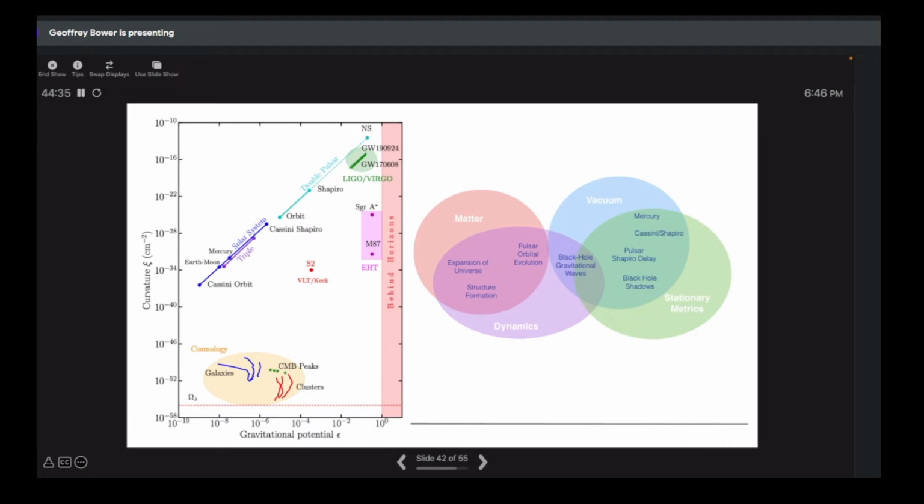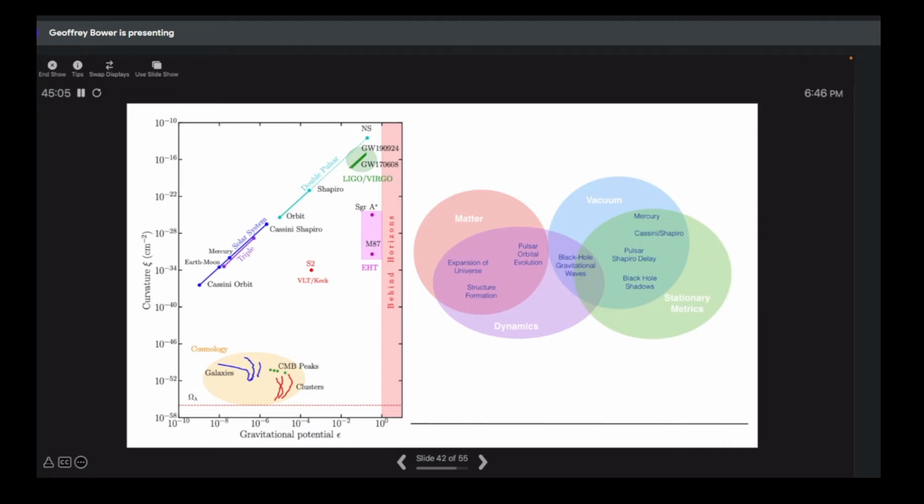And so the EHT measurements, and I think it's really important to emphasize, exist in a parameter space that no other measurements are in. And they span a really wide scale here, right? 6 orders of magnitude in curvature as a result of the mass difference between Sag A star and M87.